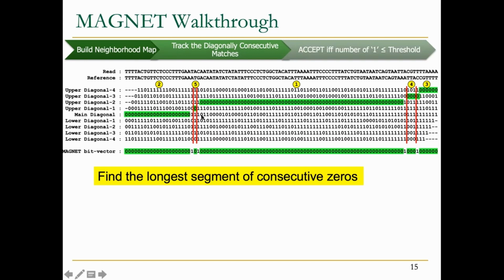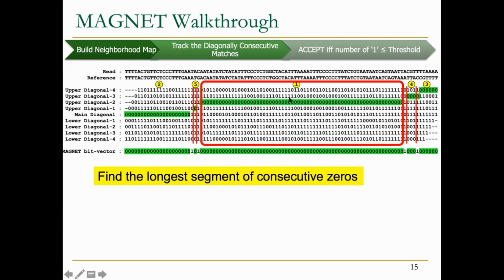Now, how does it operate? As I said, we go over each mask, and we count the number of zeros that are next to each other, that are consecutive. Then we try to find the segment that has the largest number of zeros out of all masks, which comes from upper diagonal 2, the one highlighted as number 1 over there.